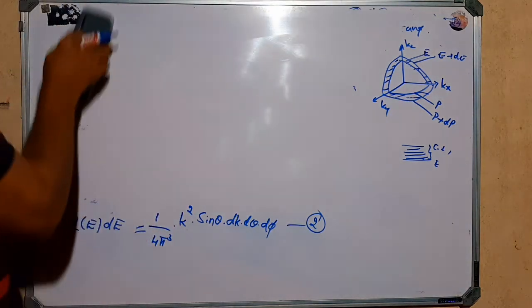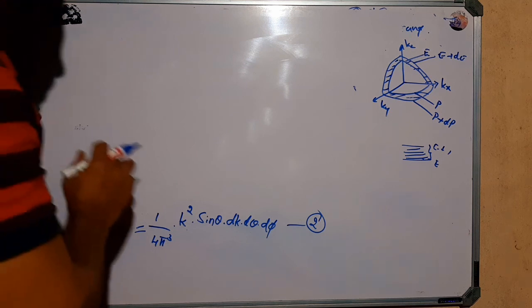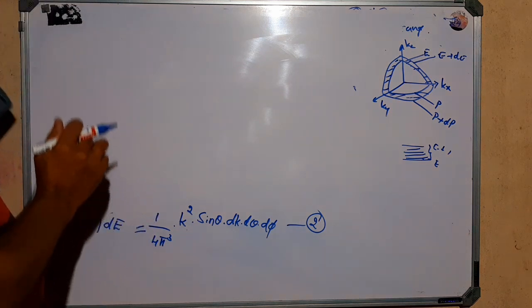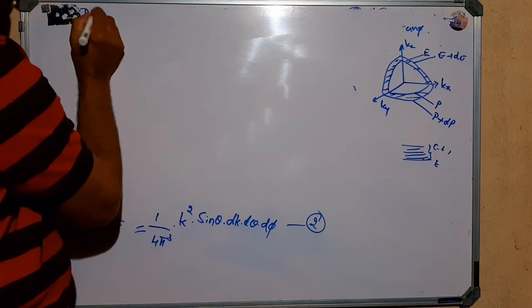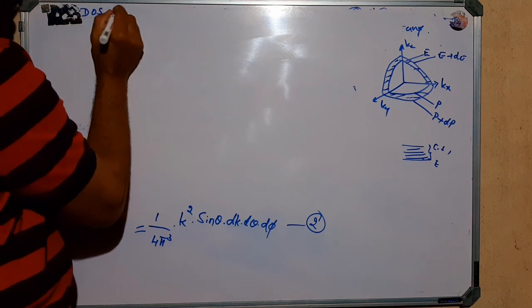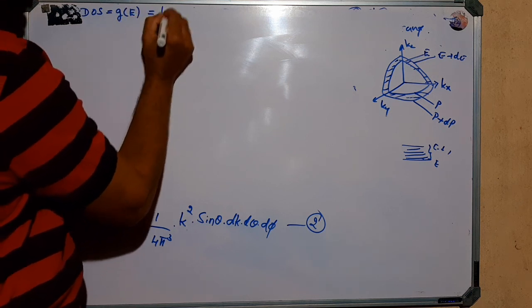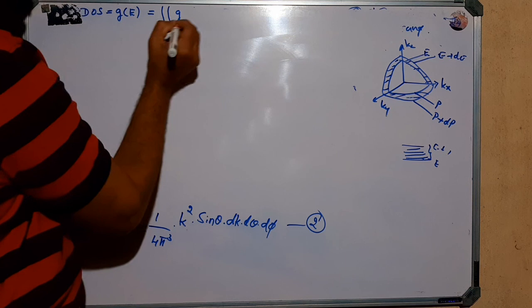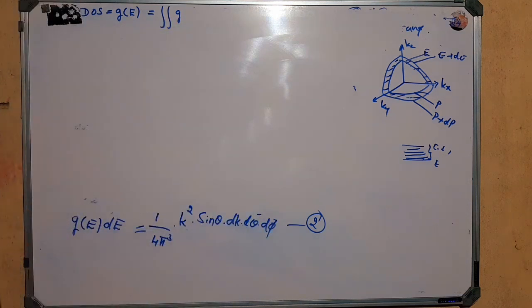That gives the total number of available energy states between E and E plus dE. Therefore, the density of energy states is G of E. This is equal to a double integration, because theta and phi we are considering.